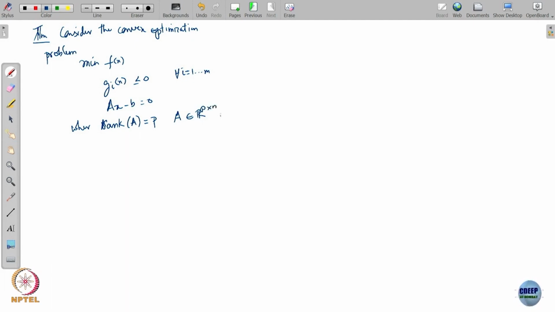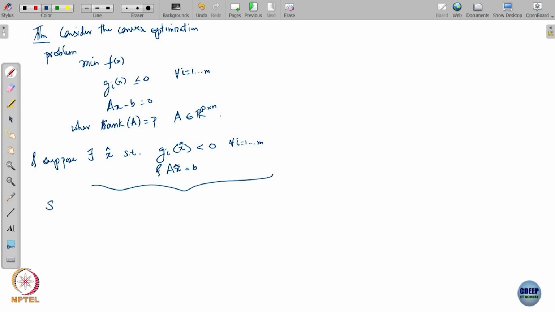A is p cross n, the rank of A is p, and suppose there exists an x hat such that, so we want a Slater point, there exists an x hat such that all these g_i of x hat are strictly less than 0 and A x hat is equal to b. This sort of point is what is called a Slater point.